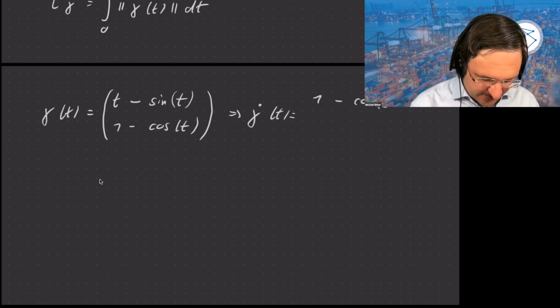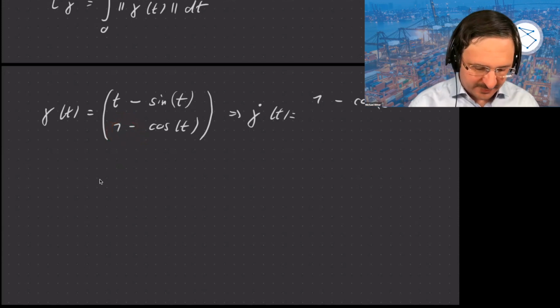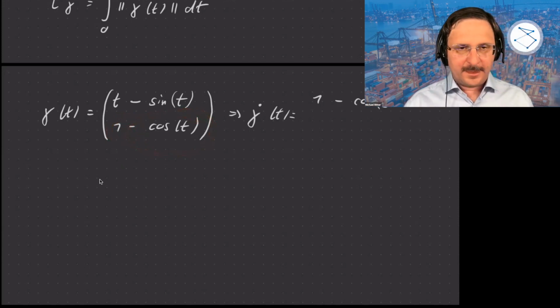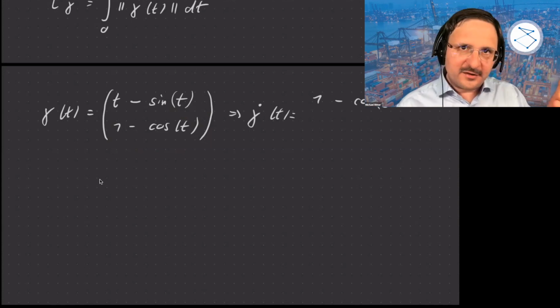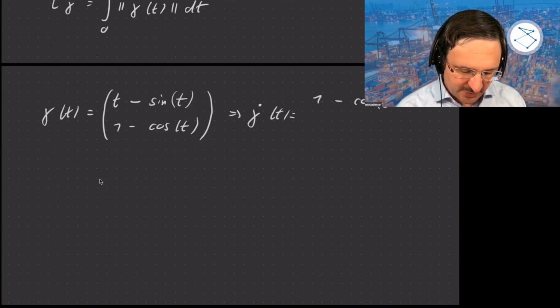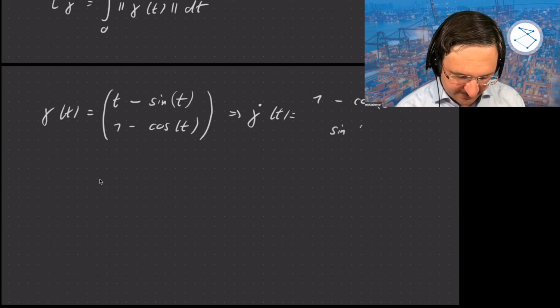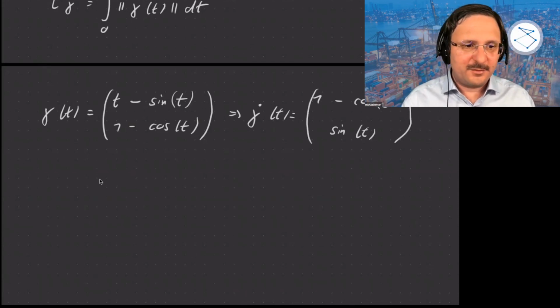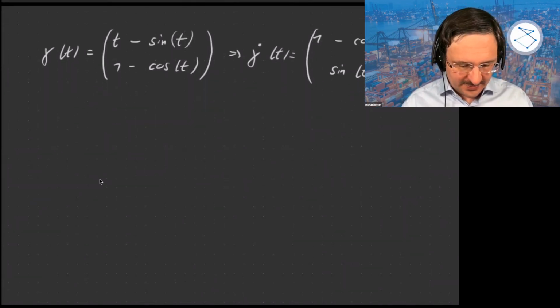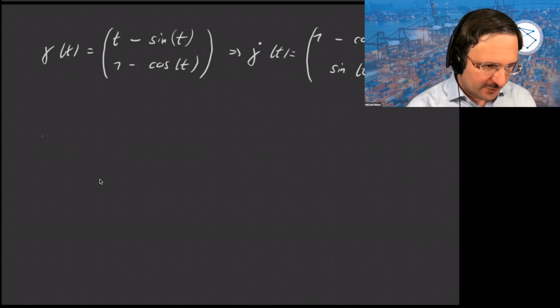And in the second coordinate, the derivative of 1 is 0, and then we have minus the derivative of cosine, which is the negative sine, so minus something negative. That's positive again, so we get the positive sine of t here. Right, so that's the derivative, the speed of that movement, if you want. And now we need the norm of that.